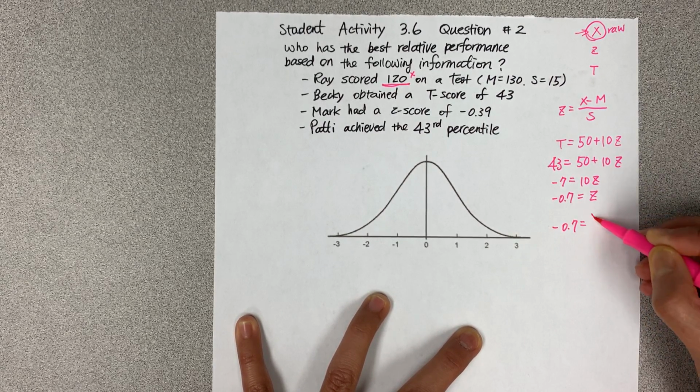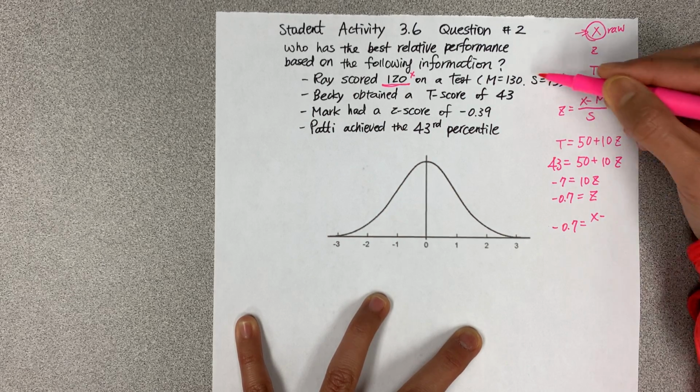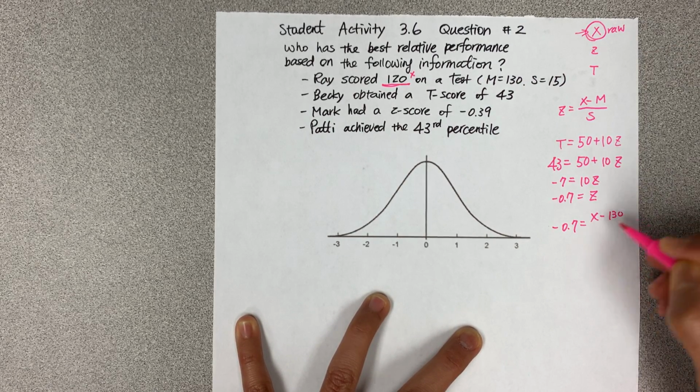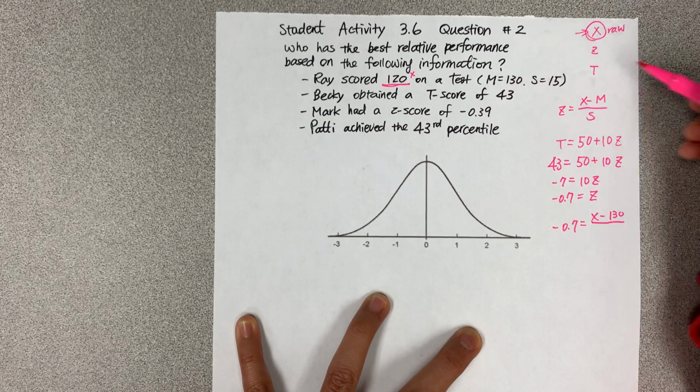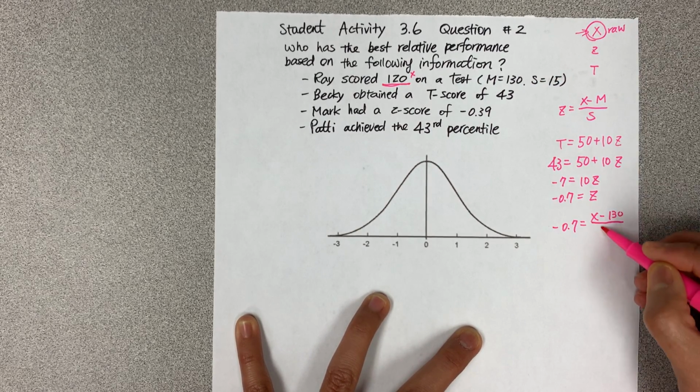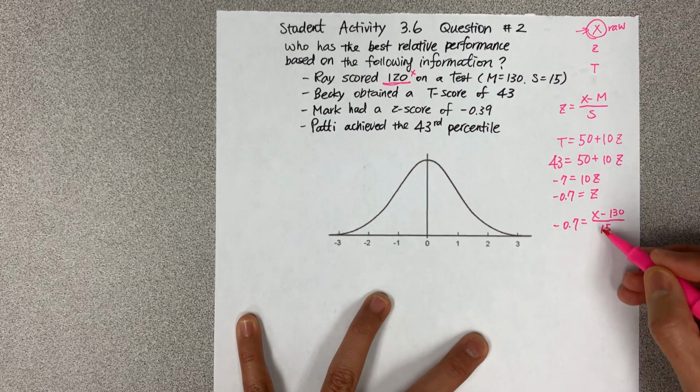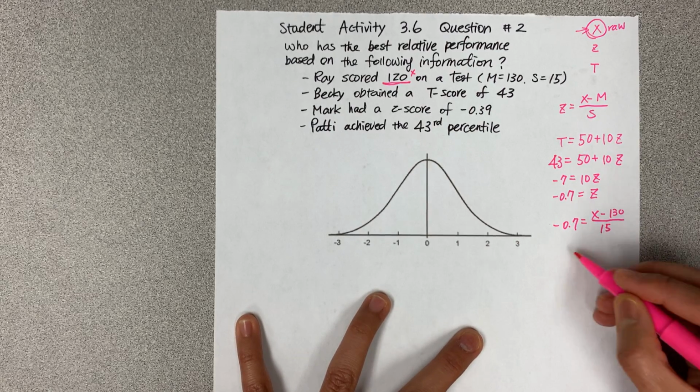So -0.7 equals x minus the mean. The mean is 130. Not median, the mean, sorry. The standard deviation is 15.